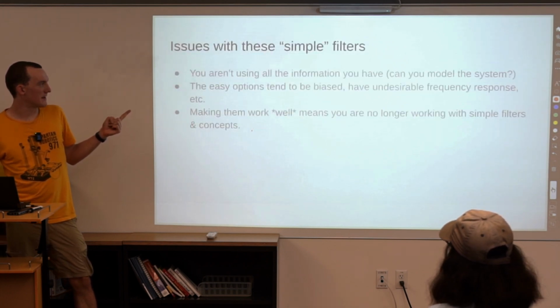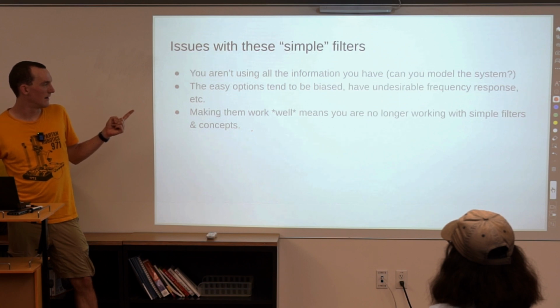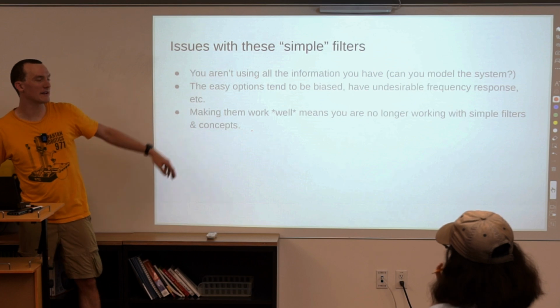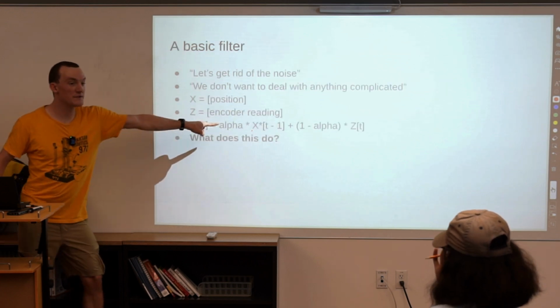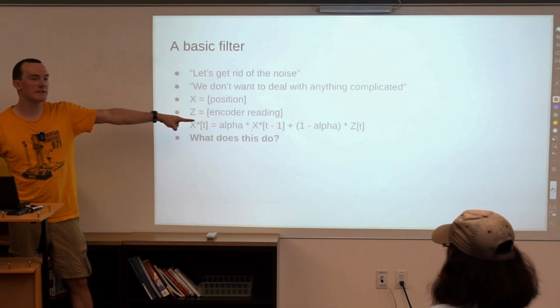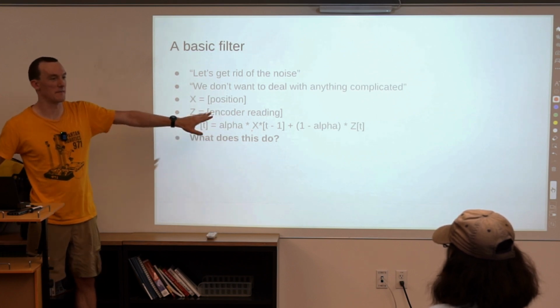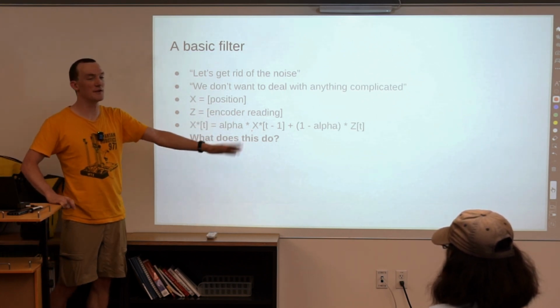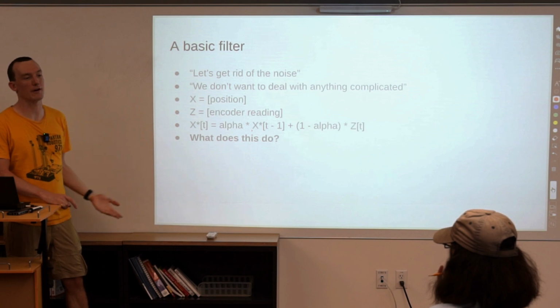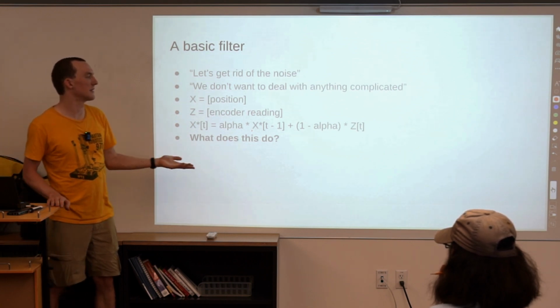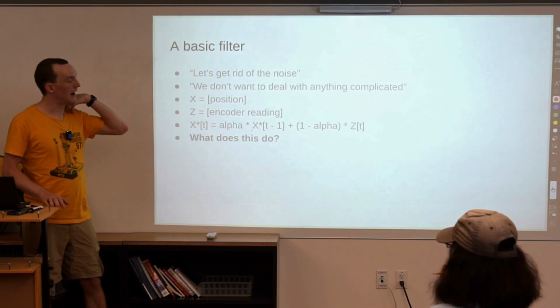Let's see, what did I miss saying? Yeah, it takes a lot of time to get them to work well, because how do you choose this alpha? You need to go mess with your sensor. If you don't have a model of how the sensor works and a model of the system, it's hard to choose the alpha. If you do have a model and you can use it, then you're doing a lot of work, which may be fine, but then you may as well do something more complicated to begin with.